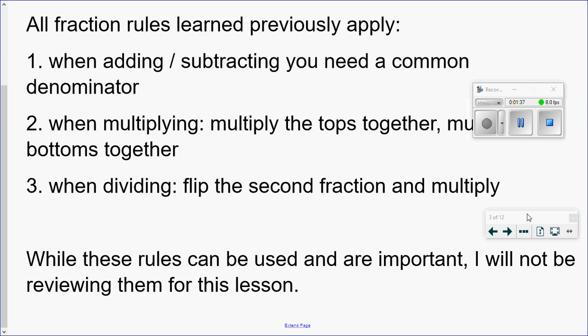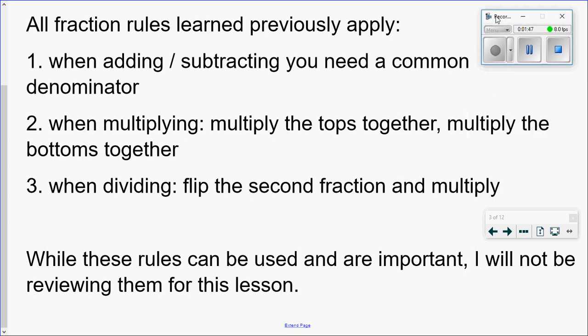There are other fraction skills that we haven't really covered or reviewed here that can be used as well. And if you know them, if you remember them, you are welcome to use them. However, we're not going to spend the time reviewing them here because, quite frankly, this lesson is going to be long enough without getting into that.